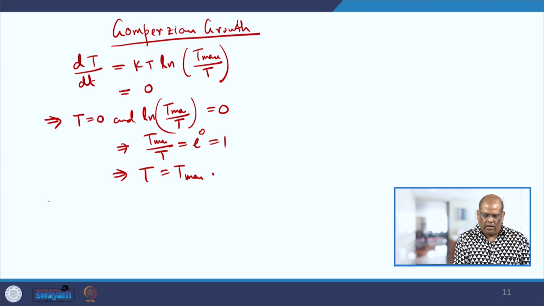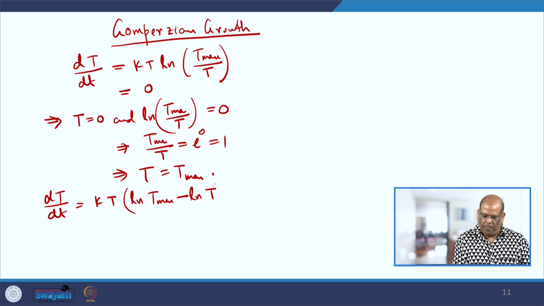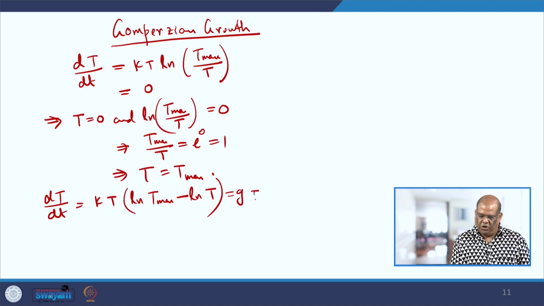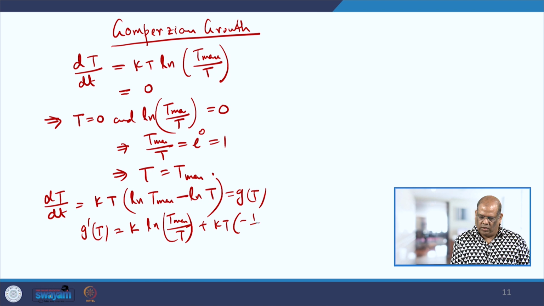Now I can write this dT as K T times ln T max minus ln T, and let us take that to be some G of T. So your G dash T will be given as K times ln T max by T plus K T into minus 1 by T. This T cancels.